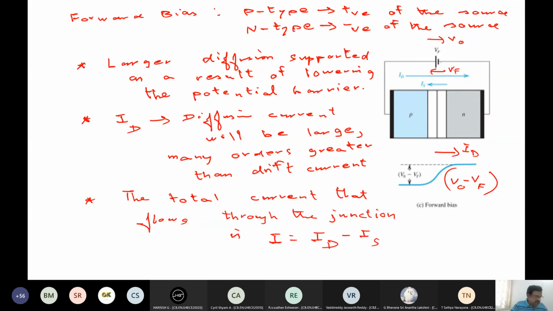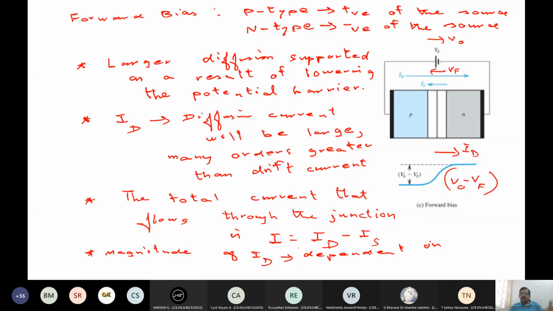The magnitude of ID is dependent on the forward bias voltage. To sum it up, under forward bias the potential barrier is lowered, the diffusion is supported, and the current is mainly due to the diffusion.